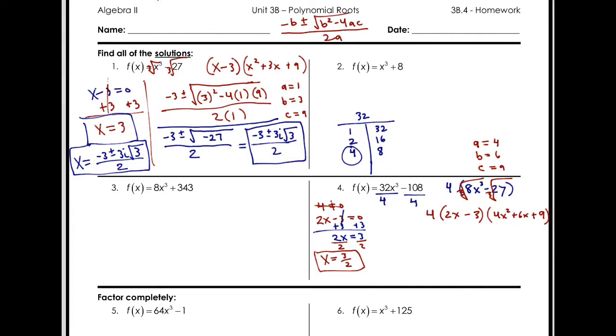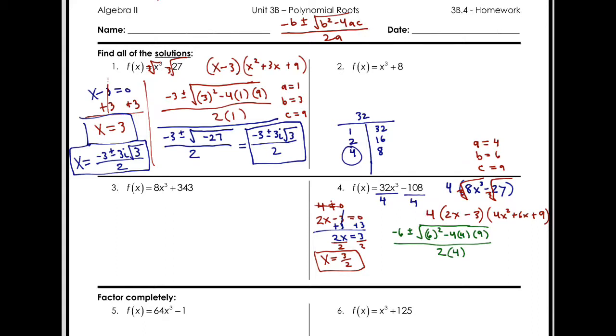So we got opposite of B would be negative 6 plus or minus square root of B squared minus 4AC all over 2A. So B is 6, A is 4, C is 9, and then A is 4.